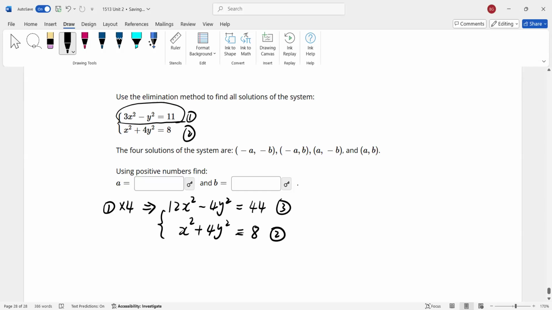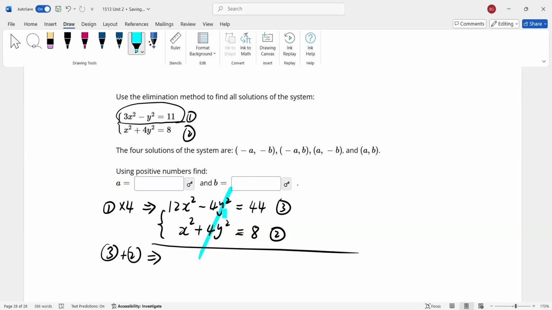So if we add 3 and 2 together, let's see what we have. Those two would cancel, right? Negative 4y squared and positive 4y squared add up to 0. They are opposites, so they cancel each other. And 12x squared plus 1x squared gives 13x squared.